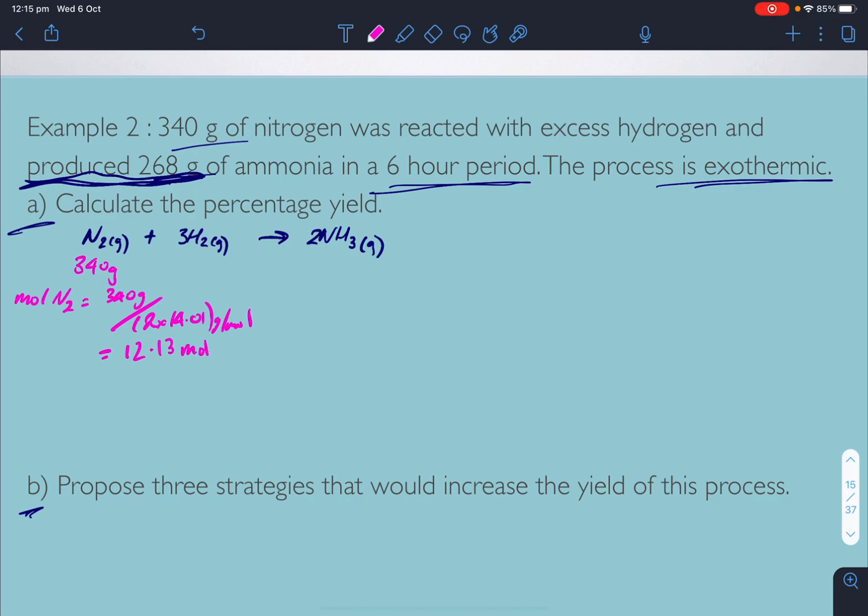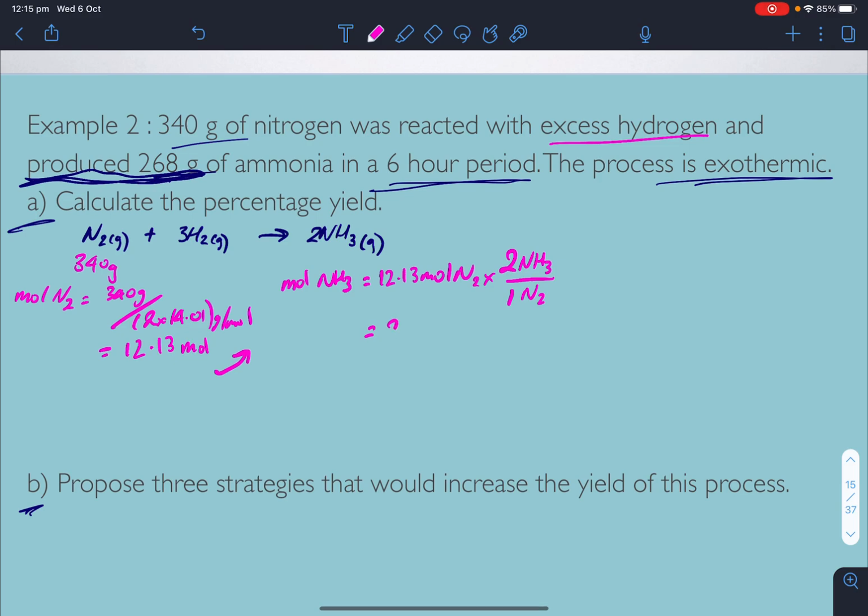And because I've actually read the question, that I have excess hydrogen, I know that the nitrogen is limiting, so moles of NH3 is going to equal my 12.13 moles of nitrogen times my molar ratio of ammonia to nitrogen, 2 moles of ammonia to 1 mole. Okay, so I'm going to produce 2 times that. Theoretically, 24.268 mole.